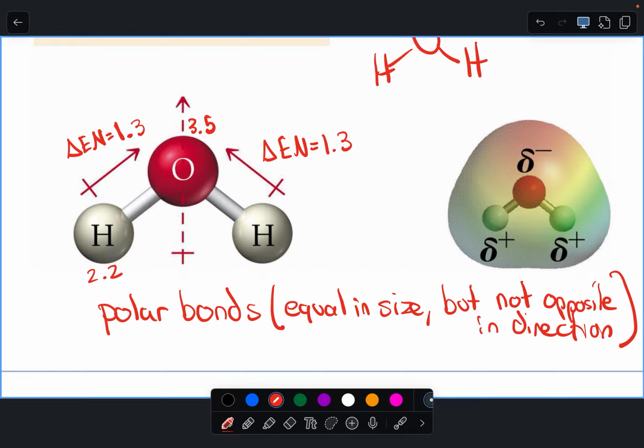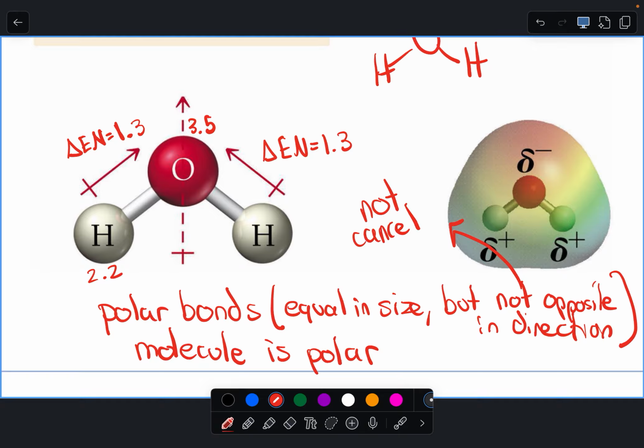So because of that, the molecule is then polar. And just to be really clear, when we say they're not opposite in direction, that means they cannot cancel out those two dipole moments. Or in the tug of war example, you would still have a winner in the tug of war.